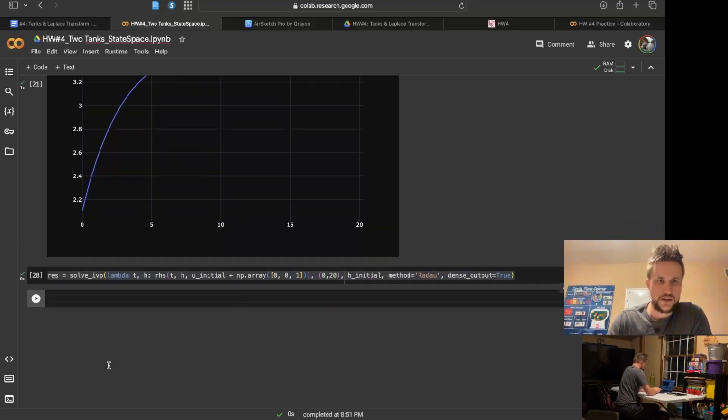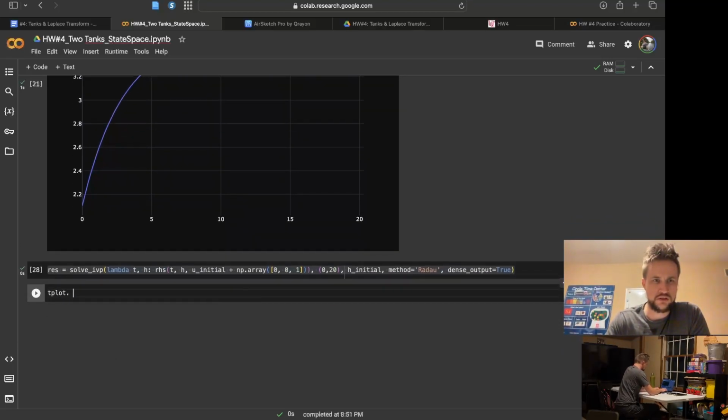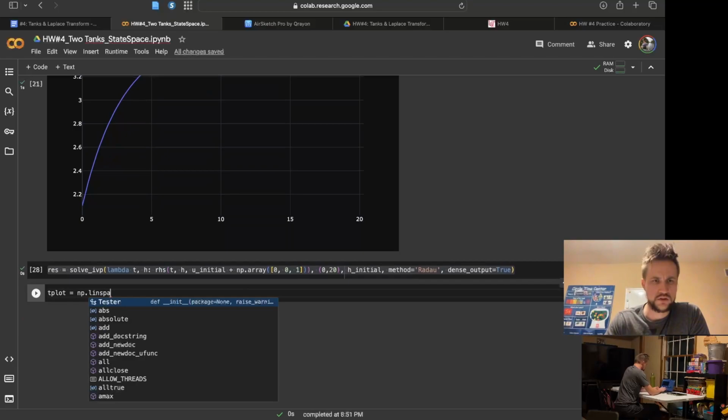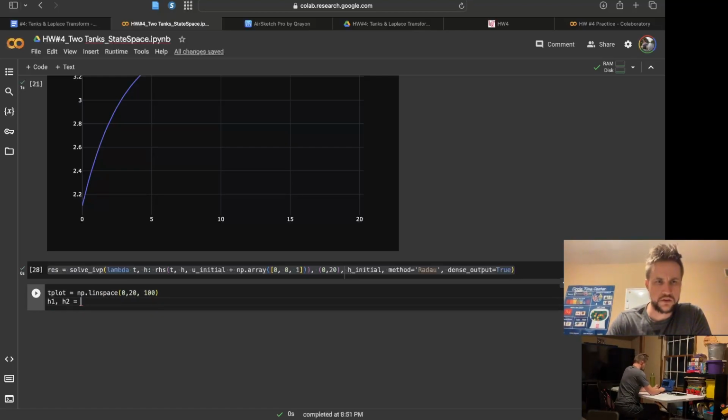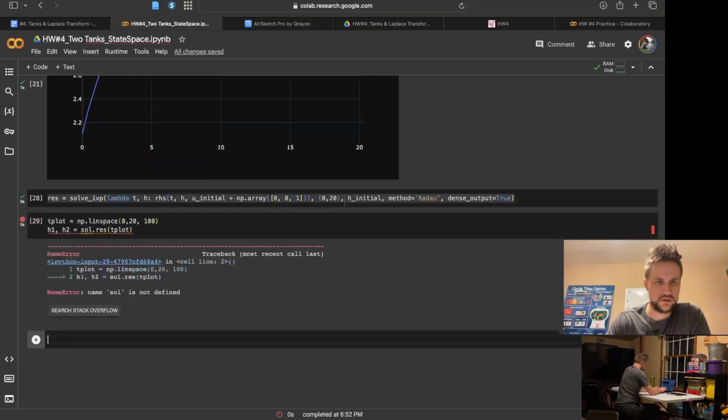Okay. Now we need to plot this out. So we're going to have our np.linspace because we want to plot this out evenly. And then we want H1 and H2 to be evaluated along the results from our time plot.